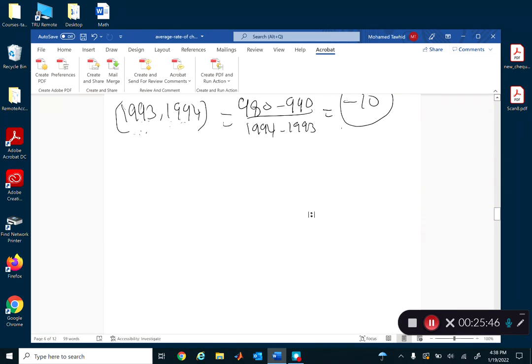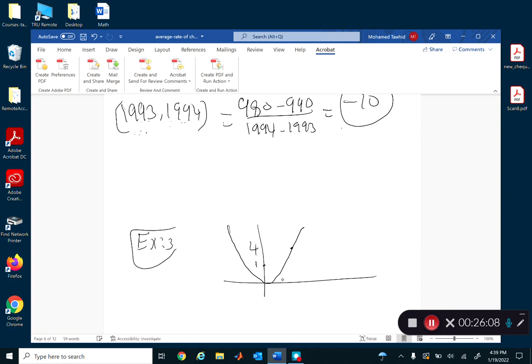And for another example, I could give you f not as a table but as a graph. If I give you a graph like this, maybe I write here 1, and then here 4, and this one you will have 1, and this one you have 2.